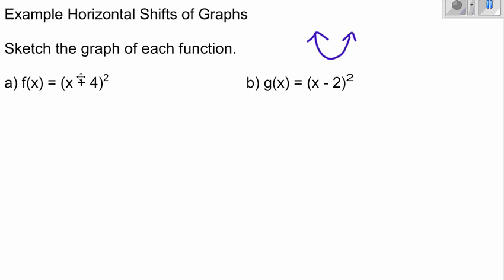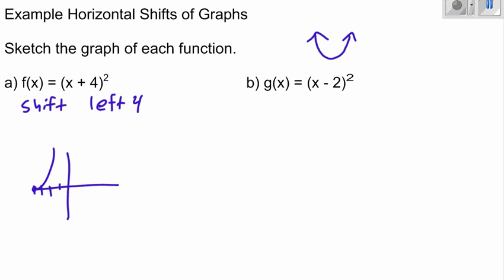Remember, it's opposite, so that's going to be 4 units to the left. So a quick sketch of that. 4 units to the left. That's going to be our vertex now instead of the origin. So the parabola would look something like that.